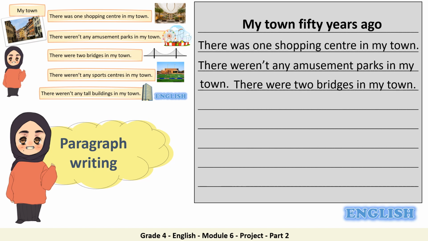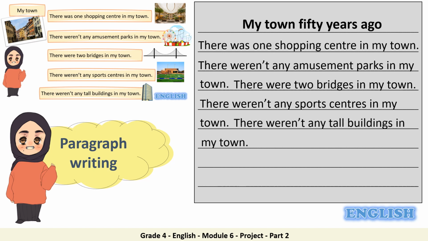And I ended with a full stop and started it with a capital letter. Let's continue. There weren't any sports centers in my town. And the last sentence, I need to write it next to the previous one. And I say, there weren't any tall buildings in my town.